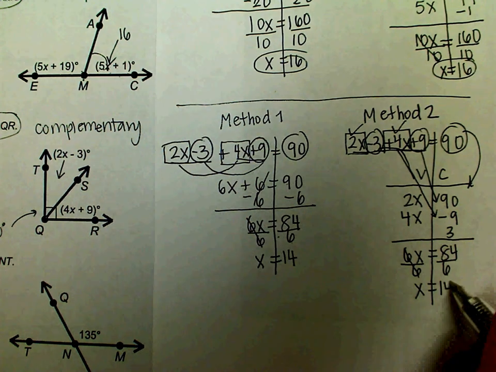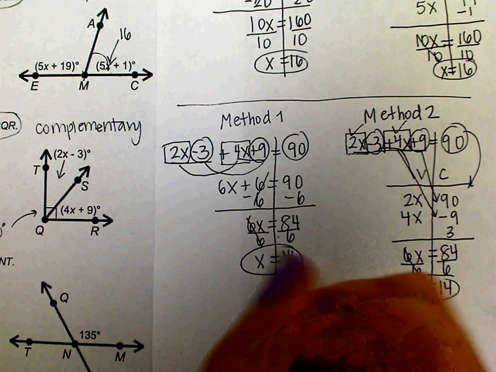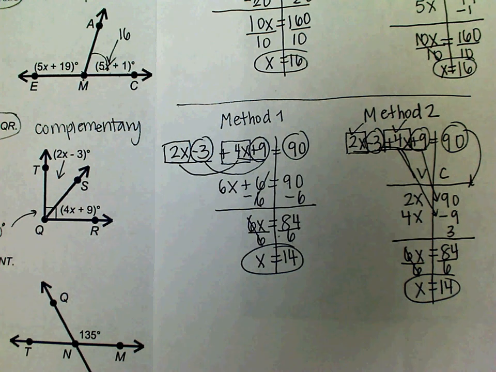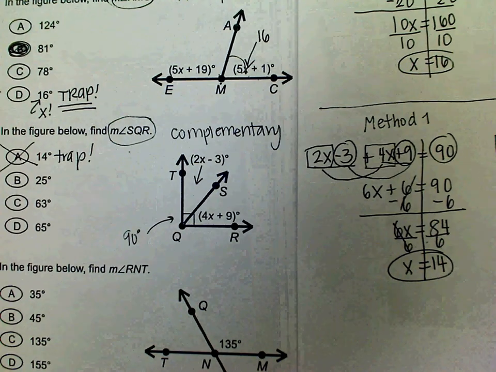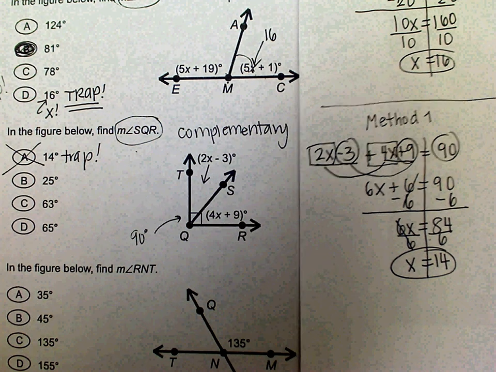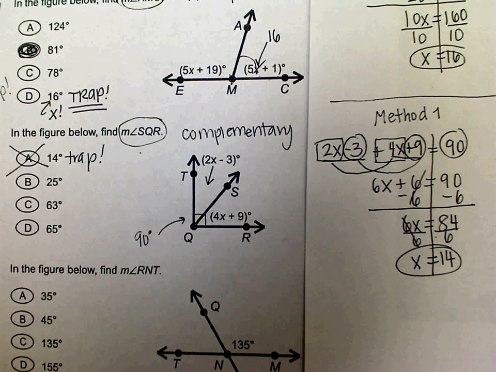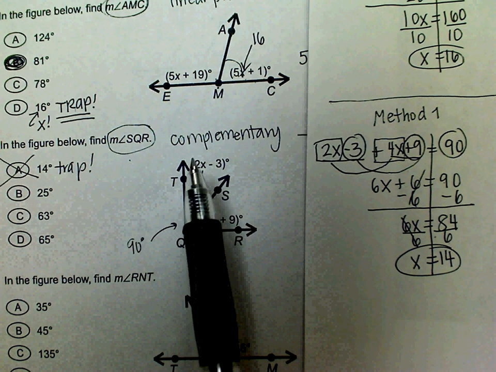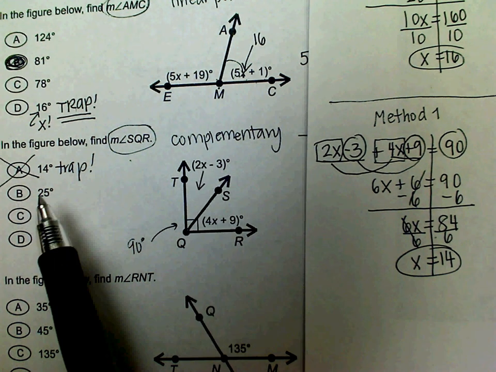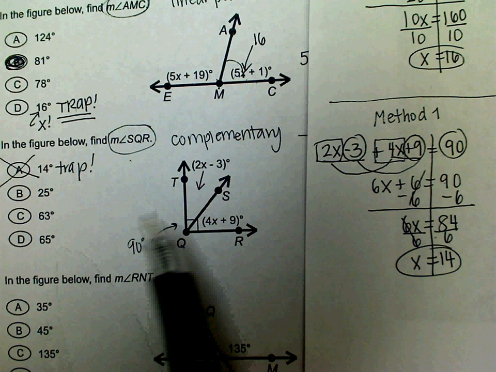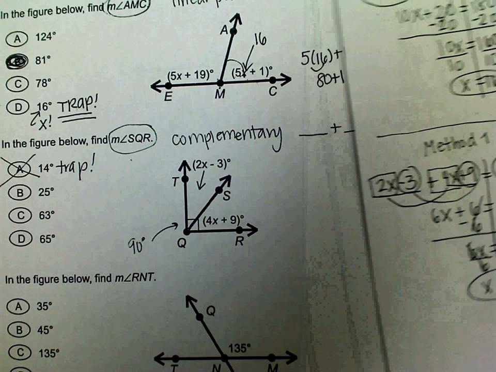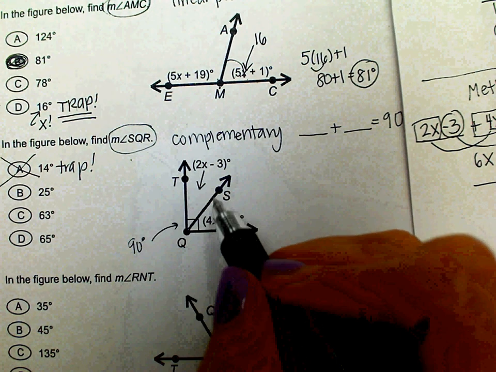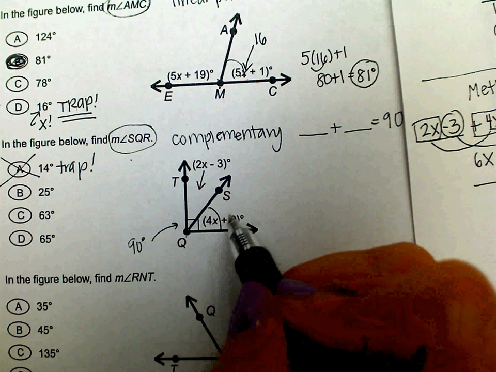But remember, that's not the final answer. So you would want to plug that 14 in for wherever angle SQR is. Now be careful, don't plug it into this one, because if you do, you might end up picking the wrong answer. Make sure you plug it into the correct angle. So SQR is this angle, which means we want to plug 14 in there.